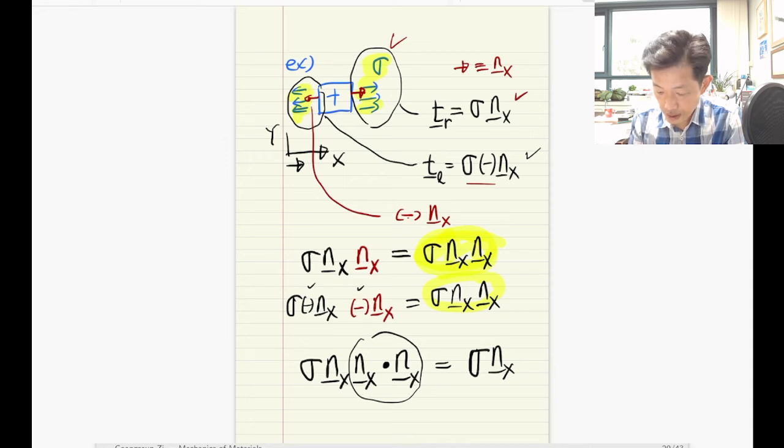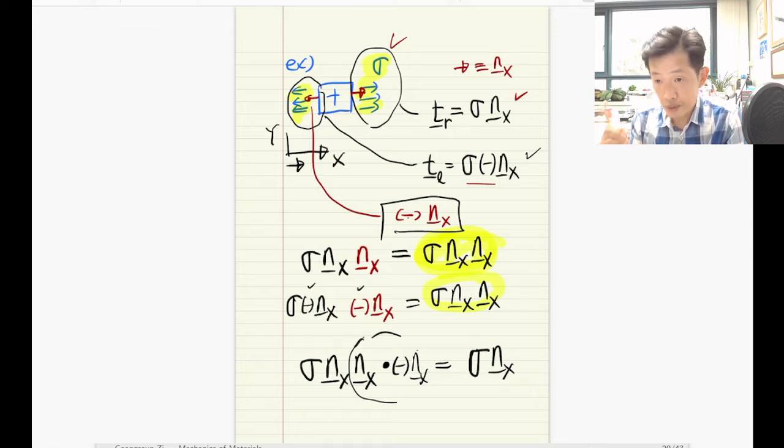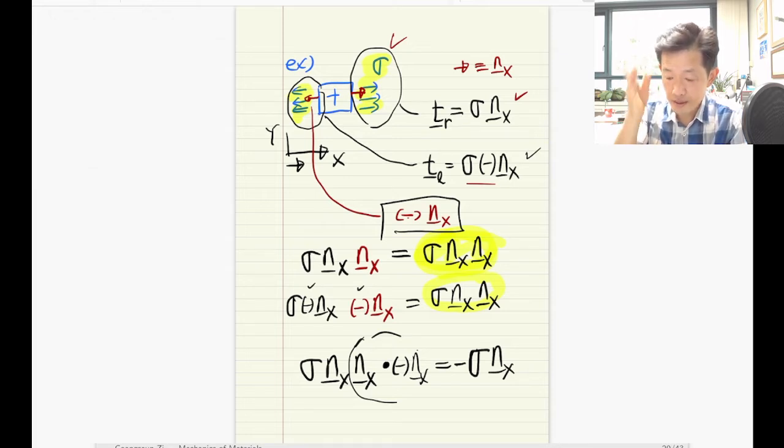And then let's do the same for the left hand side. Instead of this, here we have to plug in minus of nx, because its direction is given by minus nx. Then as a consequence, nx dot product is equal to 1, but I have minus sign, so minus sigma nx. That's how we can read the traction existing on the left hand side for the same stress state.